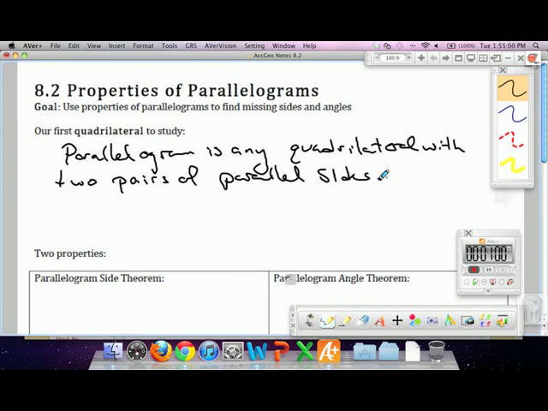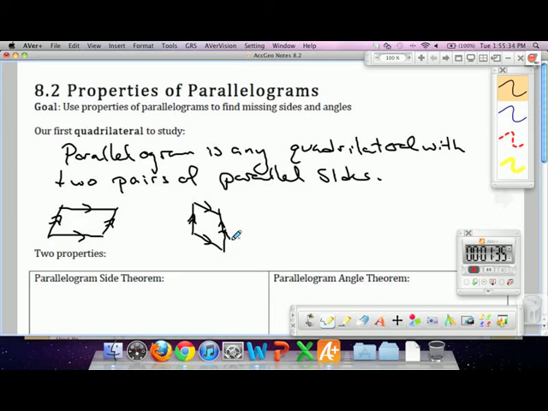So examples of that might be your standard one. Your classic parallelogram drawing would look something like this. I'll draw it upright or rotate it however you feel.